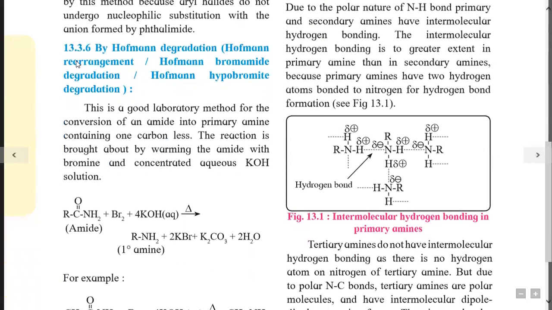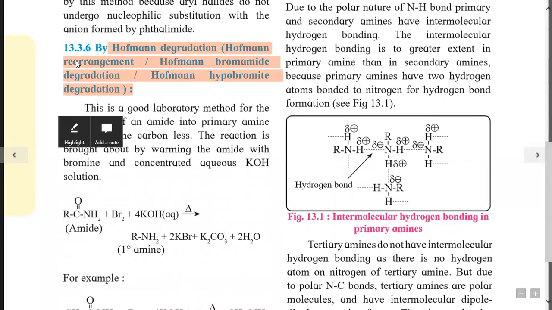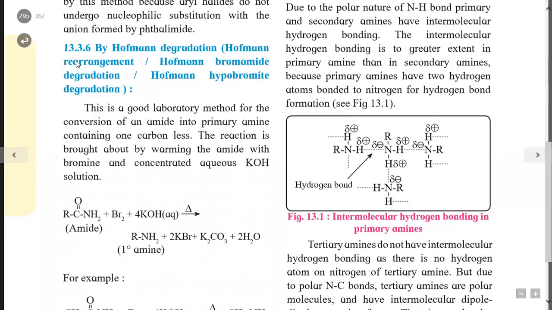The sixth and last method for the preparation of primary amine is Hofmann degradation. It is also called Hofmann rearrangement or Hofmann bromamide degradation, or Hofmann hypobromite degradation. This is a good laboratory method for the conversion of amide into primary amine.